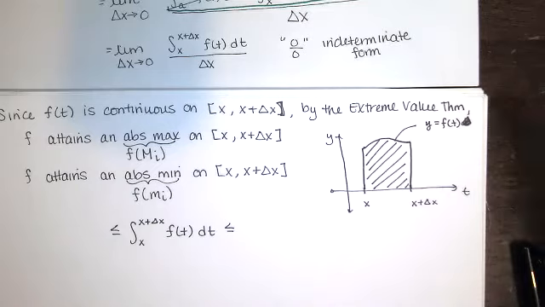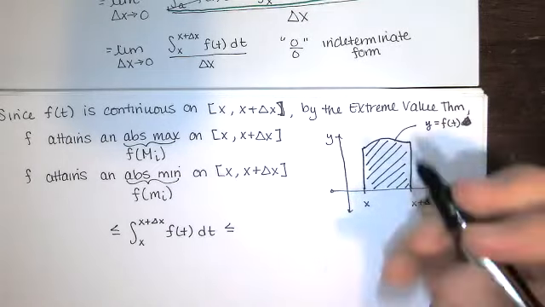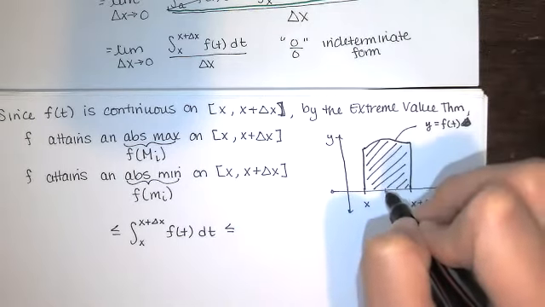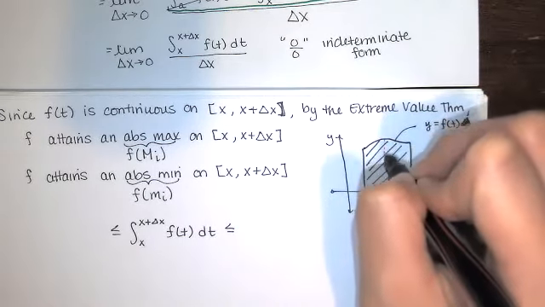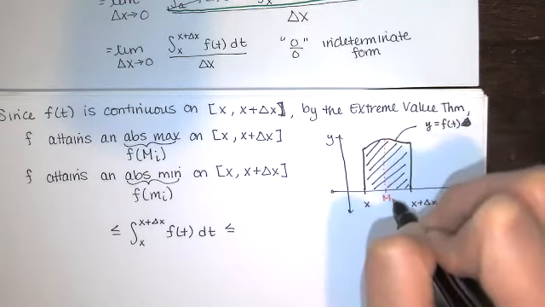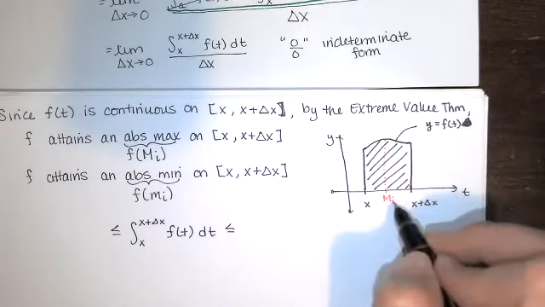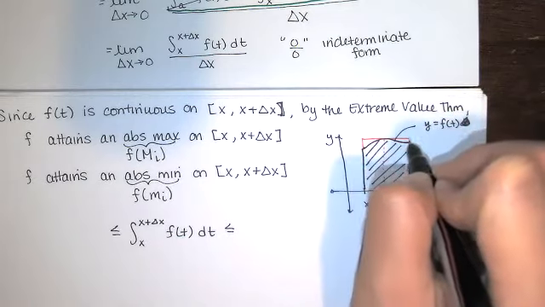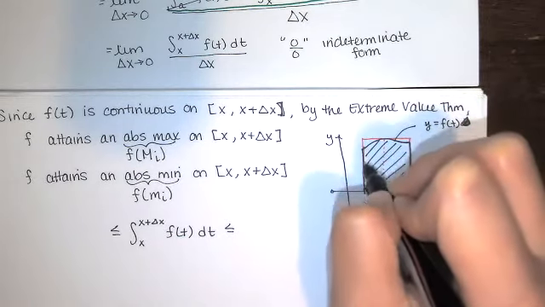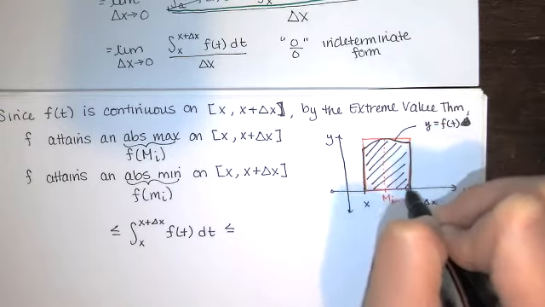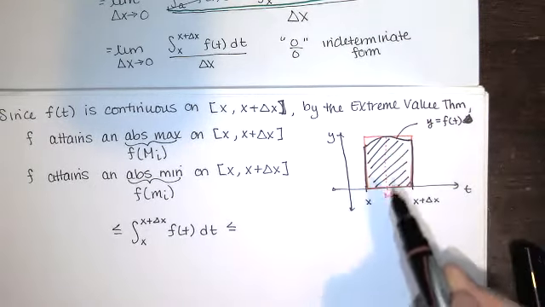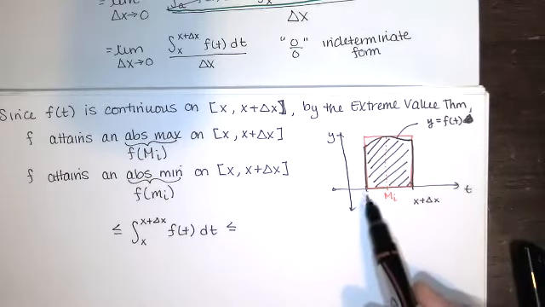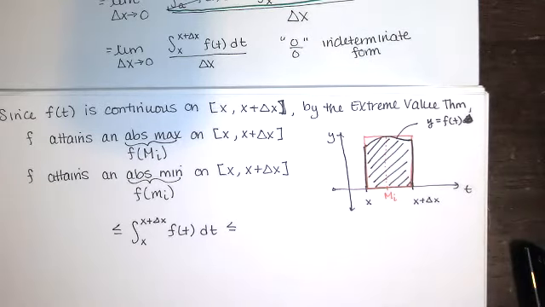It's bounded above by that maximum value of the function on the interval. So it looks like capital M is right here. If I find the area under the curve for this rectangle, it's going to be larger than that total area under the curve y equals f of t between x and x plus delta x.